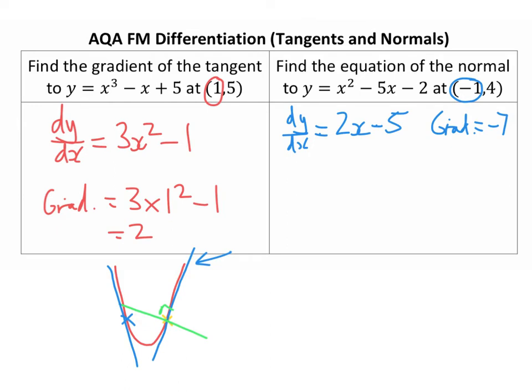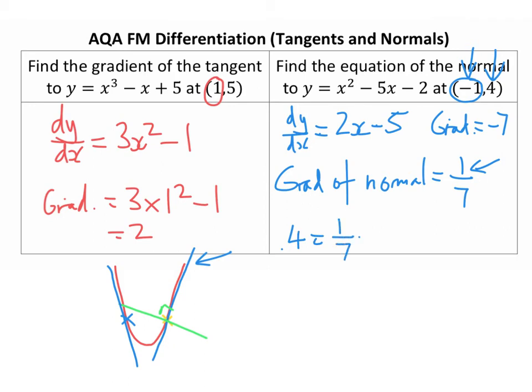Now then, that means the gradient of the normal is the negative reciprocal, because it is the negative reciprocal, so that is going to be a seventh. And then I'm going to use y equals mx plus c, where x is minus 1, y is 4, and m is a seventh. So I'm going to go 4 equals a seventh times negative 1 plus c.